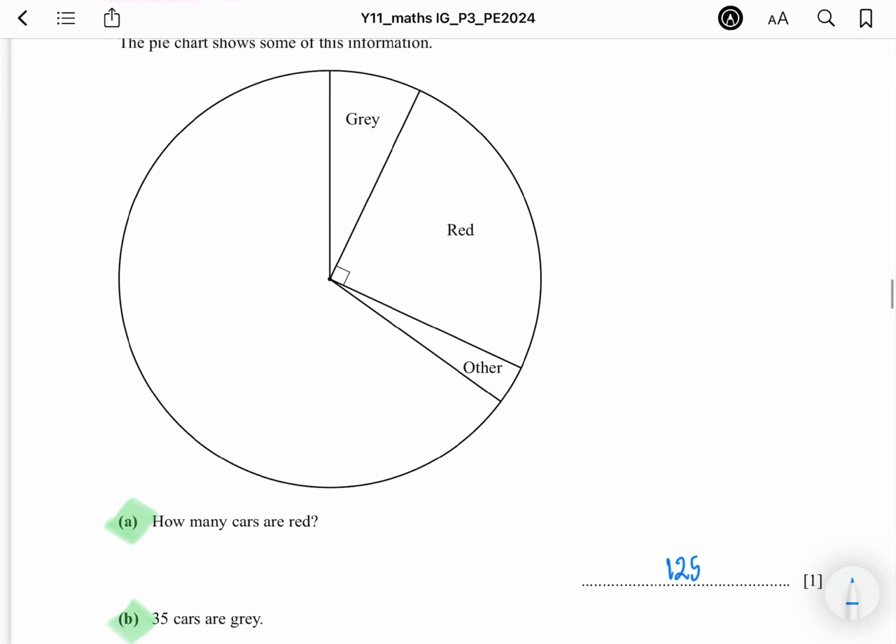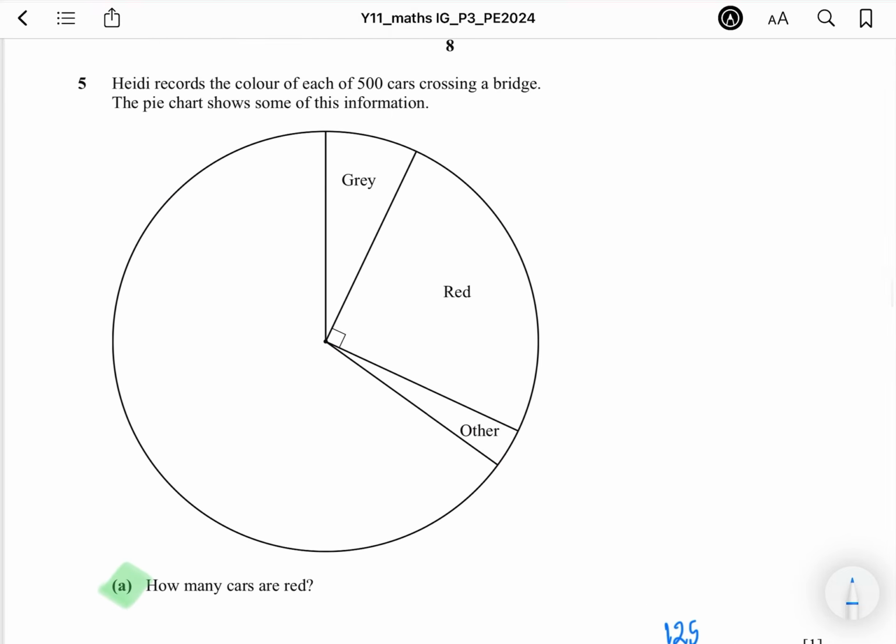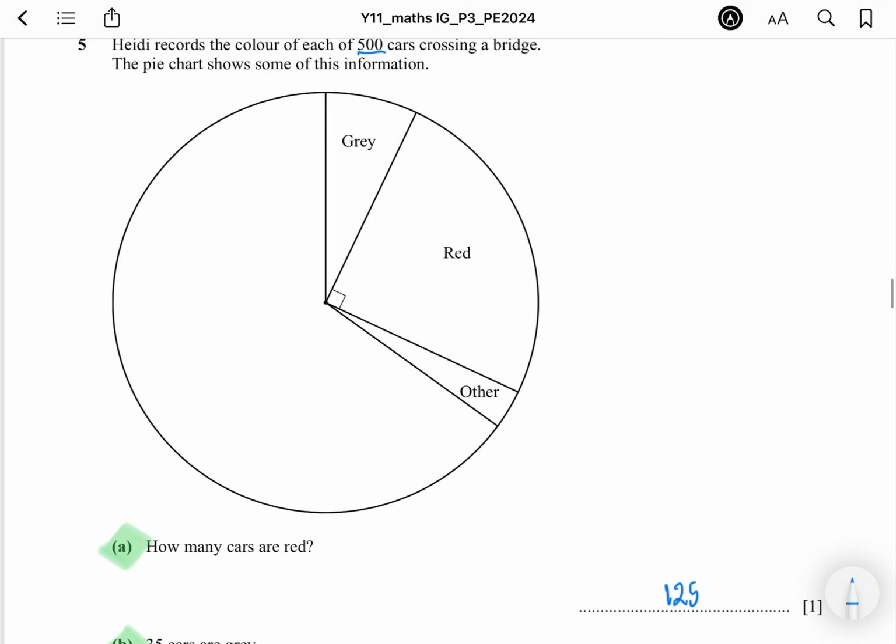Next question here, how many cars are red? What are we given? We are given 500 cars. We also given that red is 90 degrees. So we have 90 degrees and you have total 500 cars.